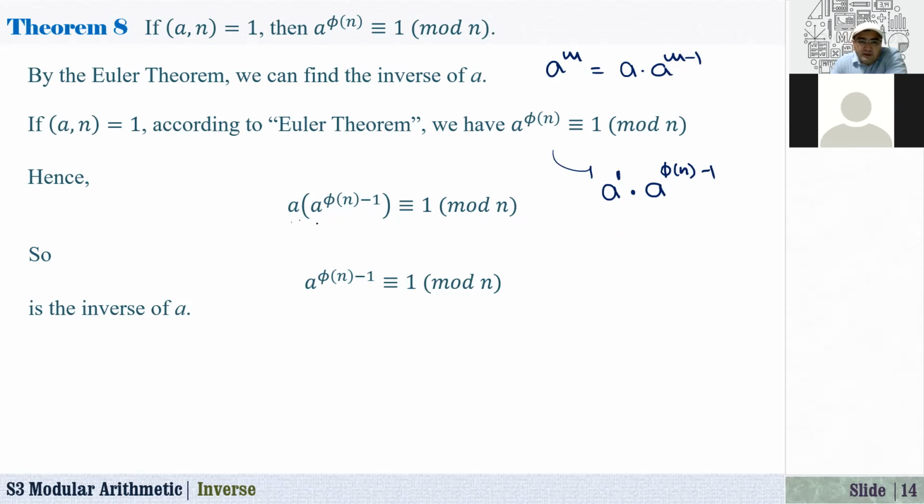And since a and this number are co-prime, that means that a to the power of phi n minus 1 is congruent to 1 mod n.